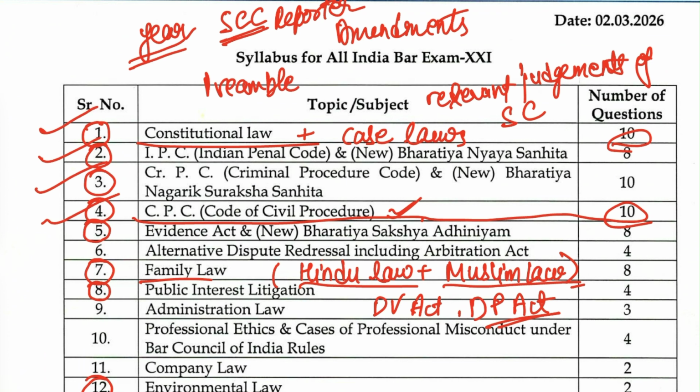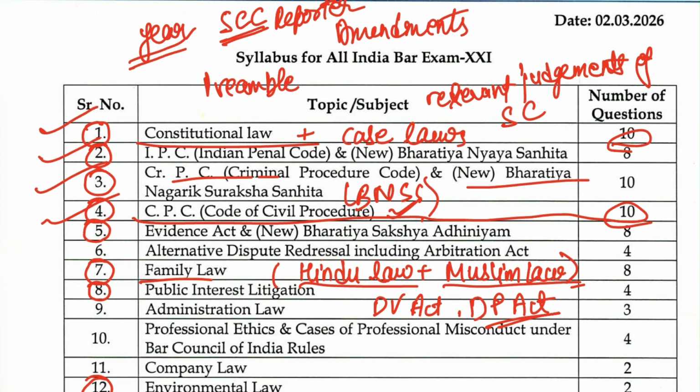So side by side, IPC and BNS, both of your subjects will be covered. Then your CRPC and the BNSS are also similar, just like the IPC and the BNS. You have to take both procedural laws and make a comparison table, or you can easily get a digital or printed comparison table of the BNSS and the CRPC.